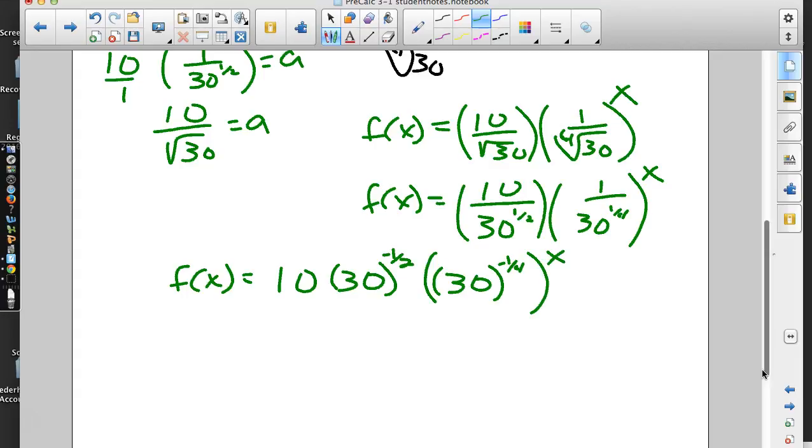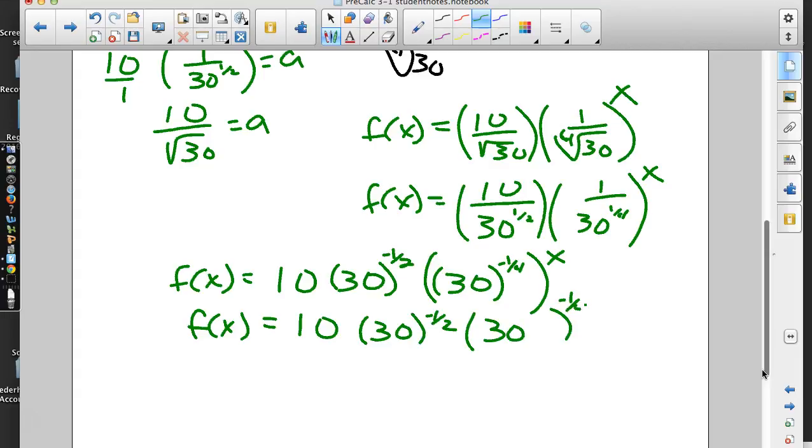So now what could you see? Well, we have the 10, but we see we have a base of 30. And if both of these have a base of 30, what we can do is we could put those together as one base now. So our 30 to the negative 1/2 would just stay here for a second. But this could become 30 to the negative 1/4 x.